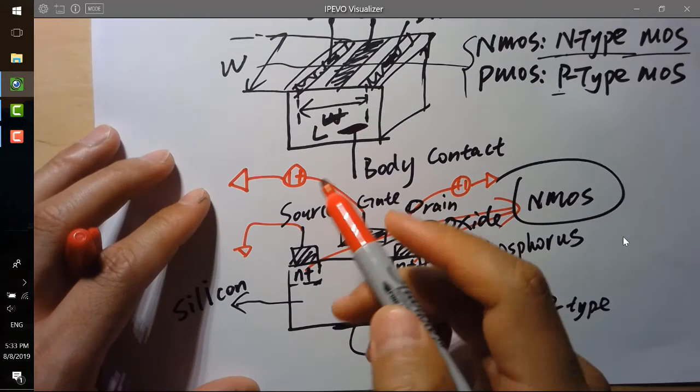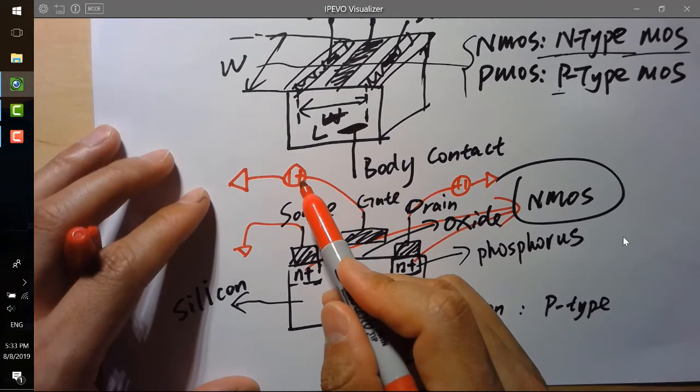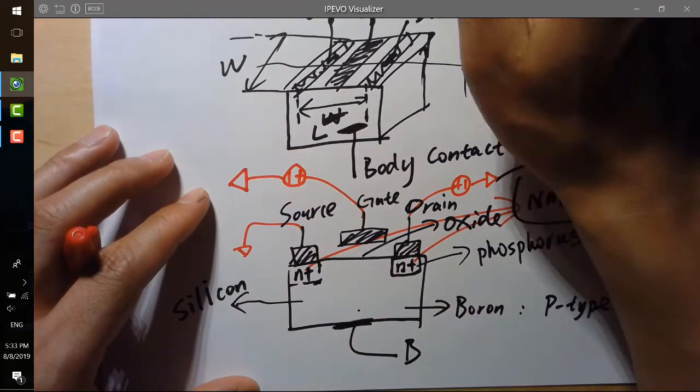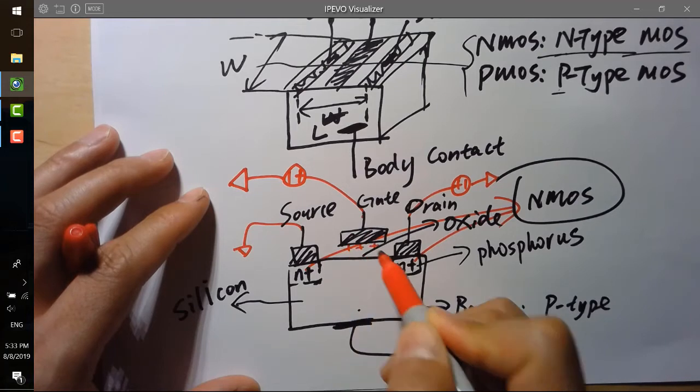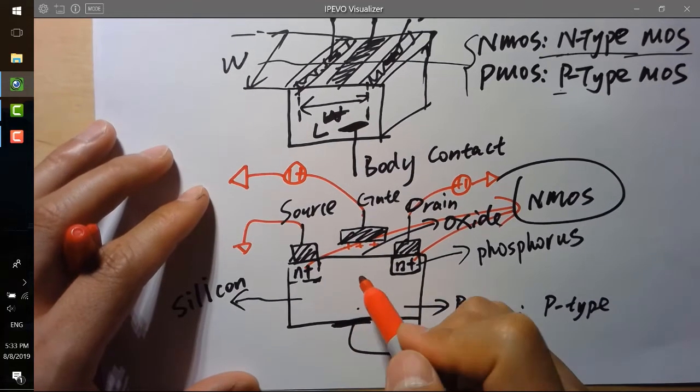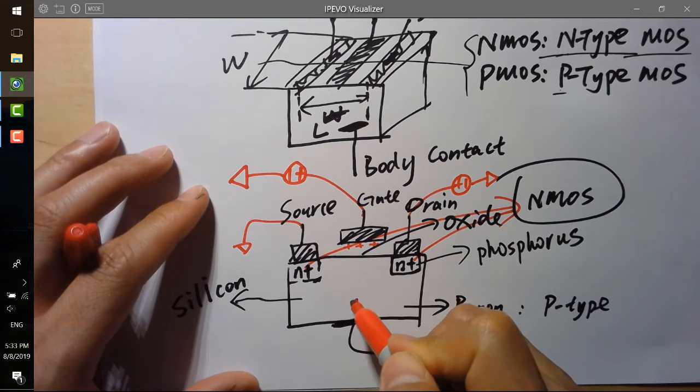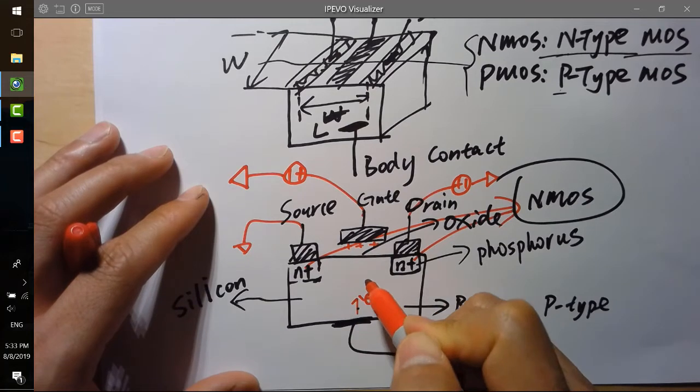So the gate, if you have a higher potential at the gate, because here is positive, right? So electrons will be attracted from here to the channel.